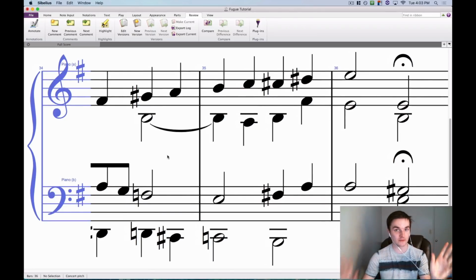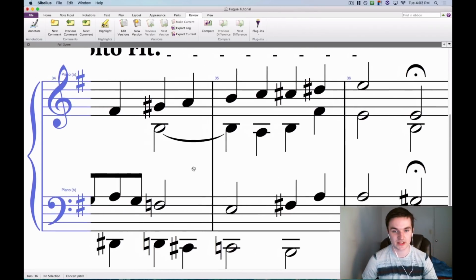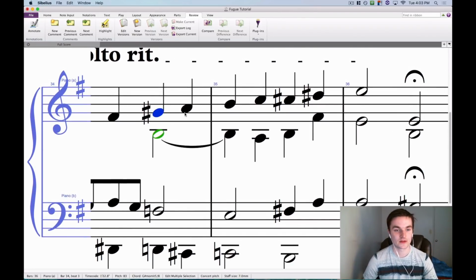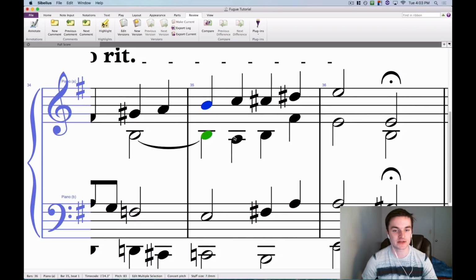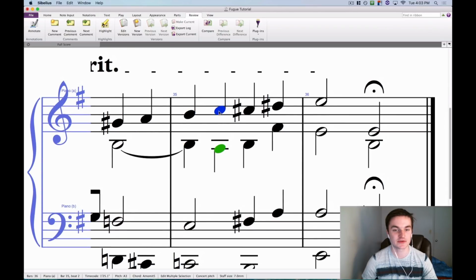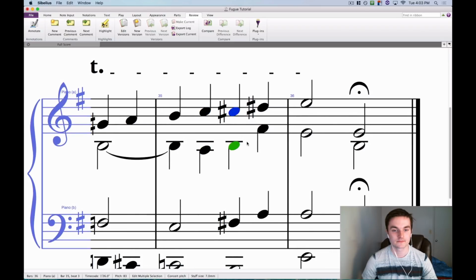Thank God we weren't writing a 4-voice fugue the whole time, otherwise that would take up so much time to do an interval analysis. But we have a sixth, a dissonant seventh as a passing tone, octave, splits out to a third, right?